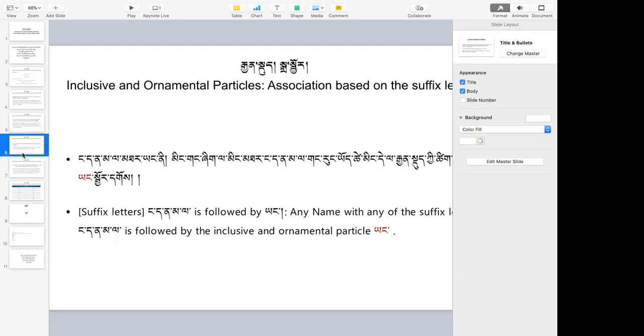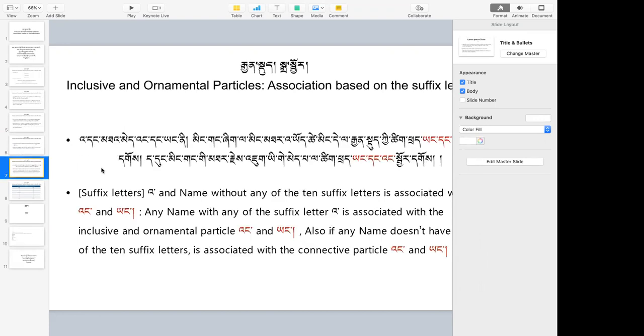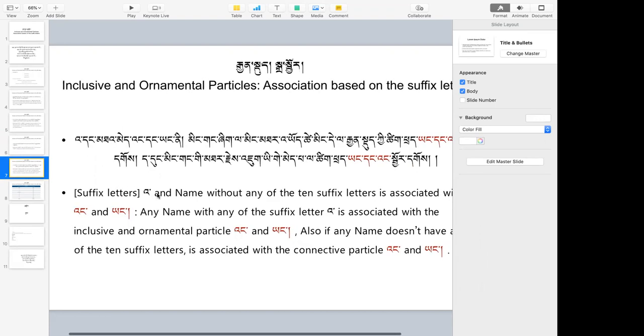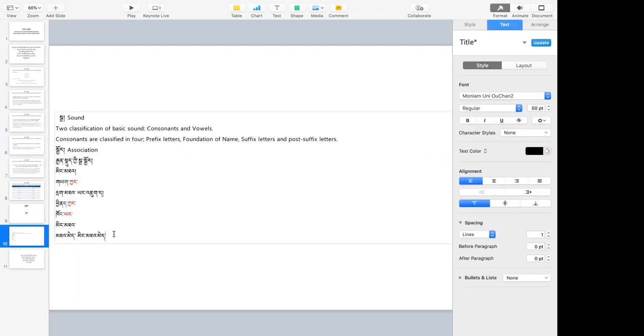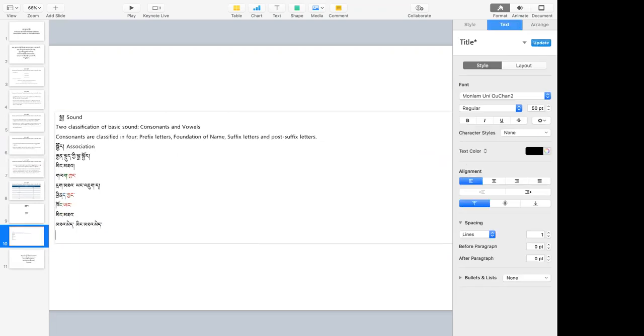And it's stated here that if any word has a suffix letter ha, let me write an example. Kayang or kang.